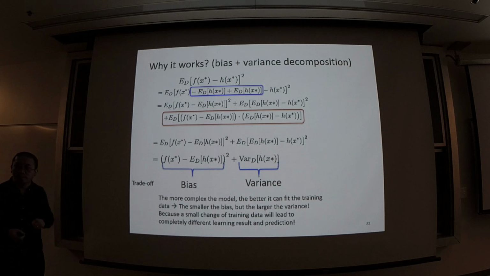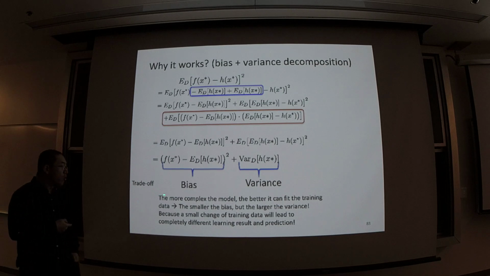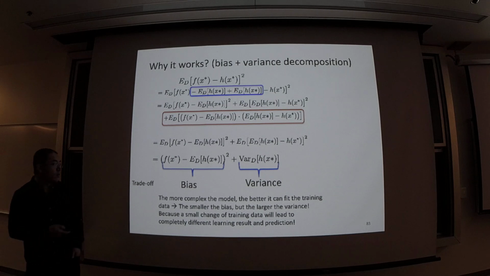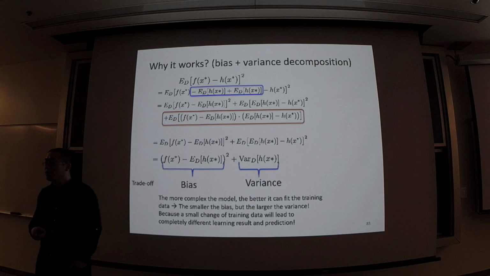All machine learning algorithms' performance is a trade-off between this bias and variance. How to see that? Usually, the more complex the learning model or algorithm you pick, the smaller the bias, but in the meantime, the larger the variance.